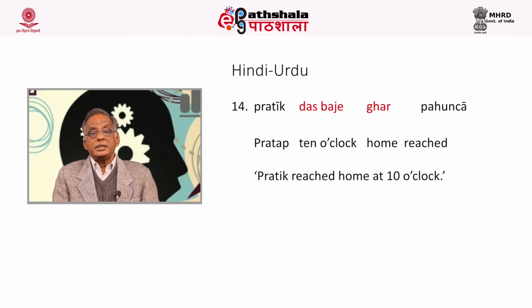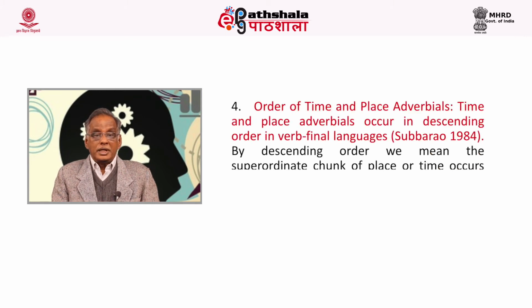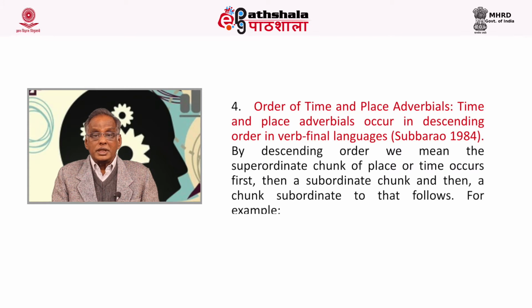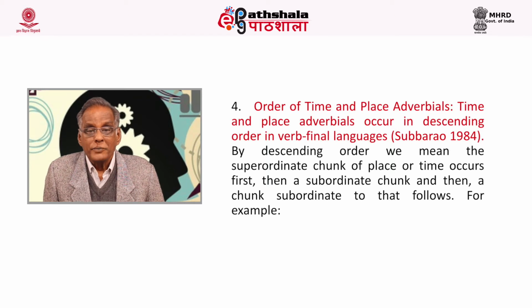Another interesting feature is the order of time and place adverbials. Time and place adverbials occur in descending order in verb final languages, and they occur in the ascending order in non-verb final languages. What do we mean by descending order?